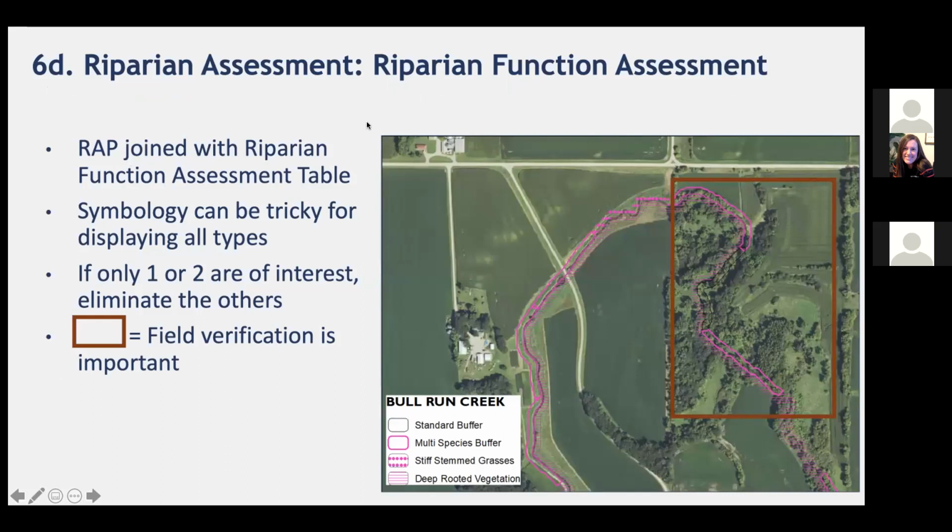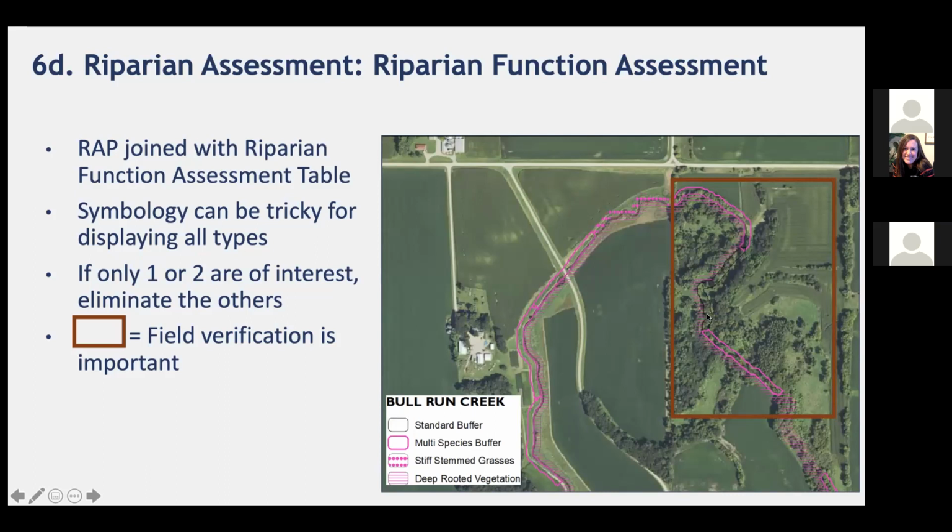For the riparian function assessment, you can join the polygon with the riparian function assessment table. There are lots of options for symbology here, so really pick and choose what you are interested in. And then again, similar with grass waterways and other tools, we want to be thoughtful about field verification.